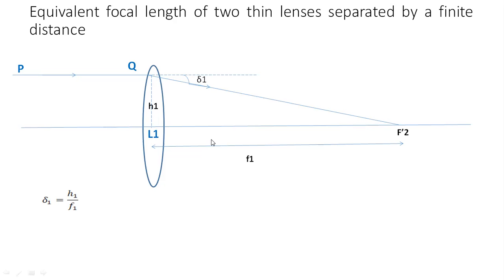h1 by f1, that is, in the right angle triangle QL1 f2 dash, and this is the exterior angle here. Therefore delta 1 is equal to h1 divided by f1.